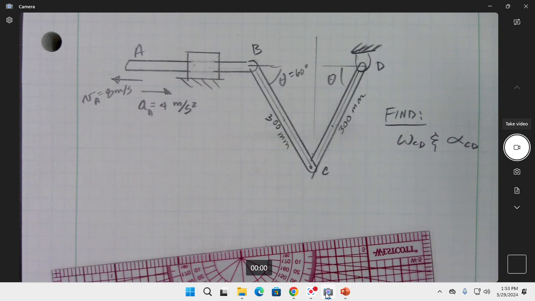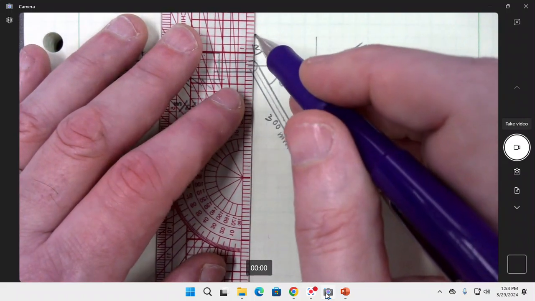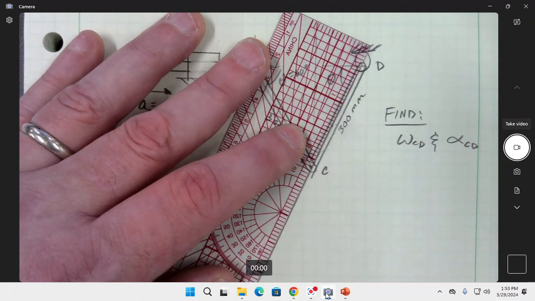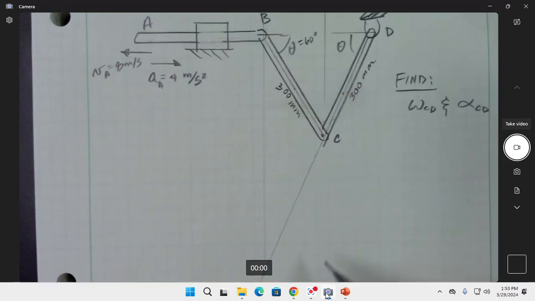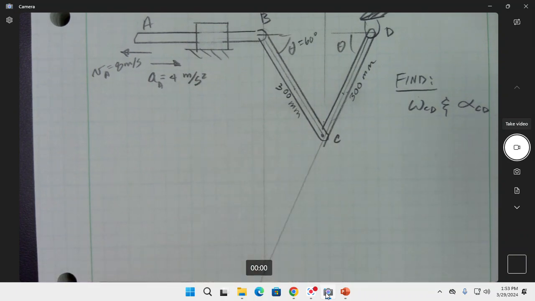Yeah, I was going to go ICR, but you could go ICR quickly in this, noting that at this spot right here, we go down to there, and we're down to right there for that linkage, and we can see that we're rotating clockwise. Just because someone tells you to do it in a particular way doesn't mean you can't use the ICR. It doesn't stop you from doing it. You can find it quick enough.